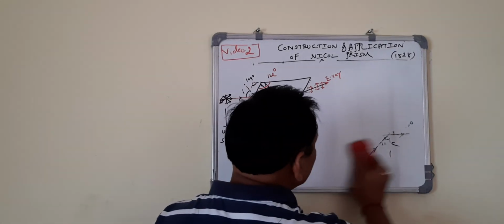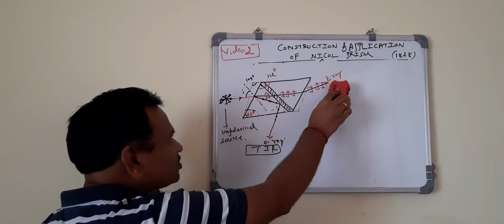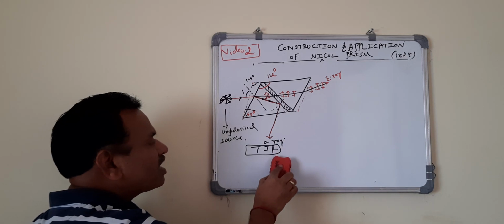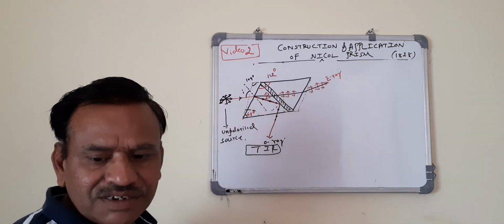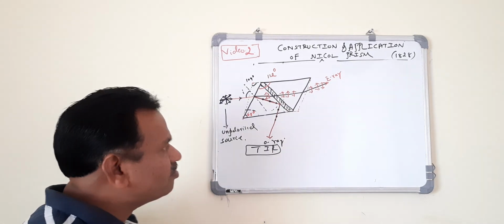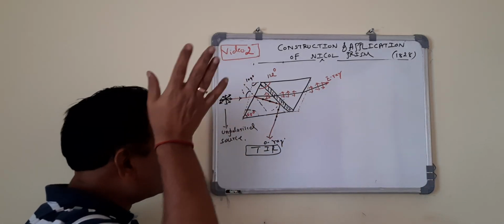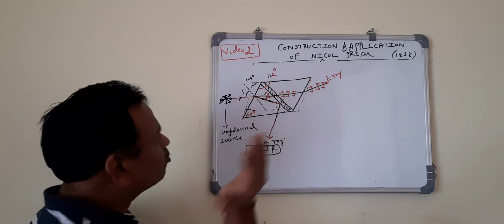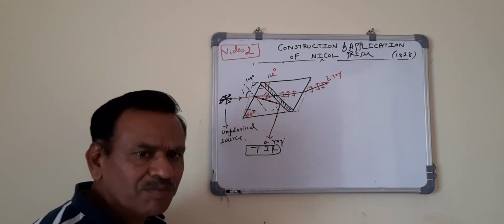Here, you are separating the extraordinary and ordinary rays completely. Is it not polarized light you are getting? Are you not filtering the waves? Because this contains only one kind of vibrations, which are perpendicular to the plane of the board.